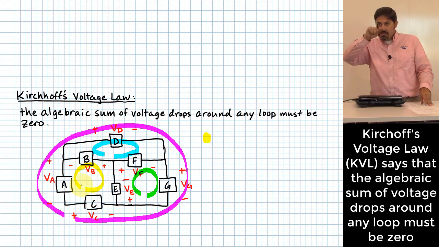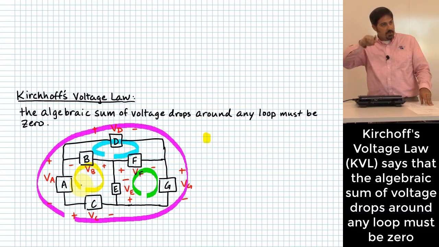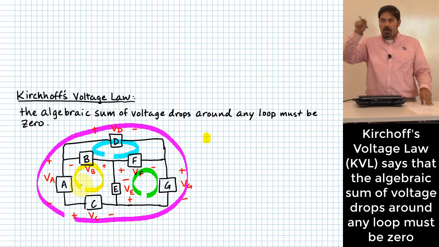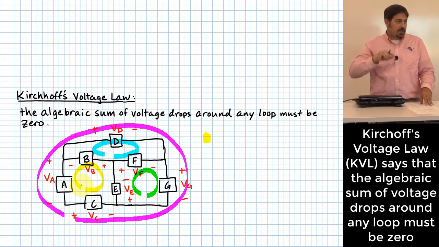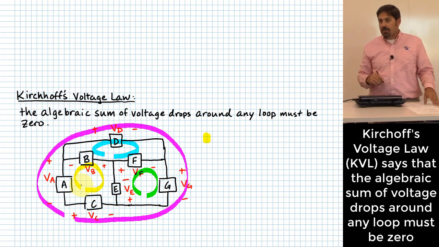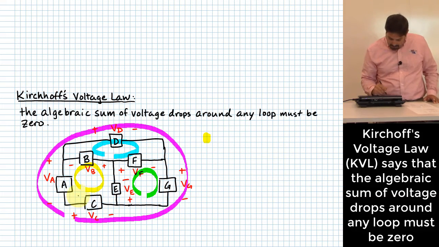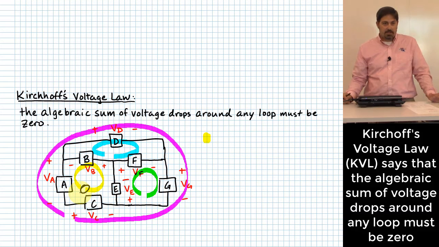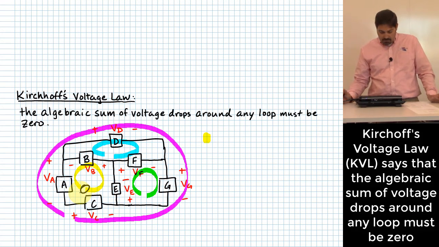We need to be consistent about what direction we choose, either clockwise or counterclockwise, but we need to actually pick something and stick with it as we go around. So just arbitrarily, let's pick clockwise. And let's start down here where I have the little gap in my little loop, just because we've got to start somewhere.